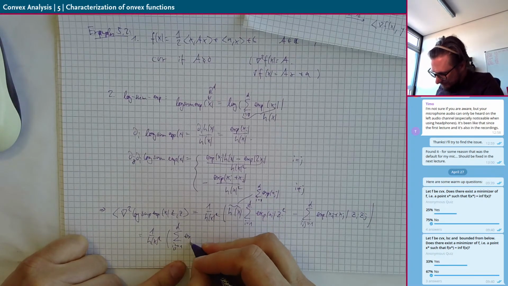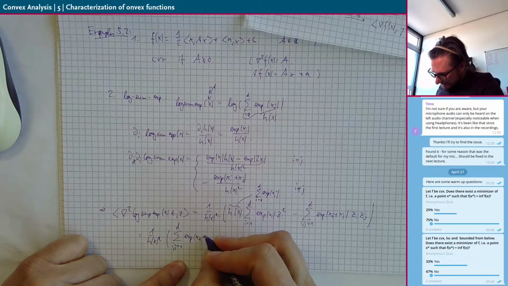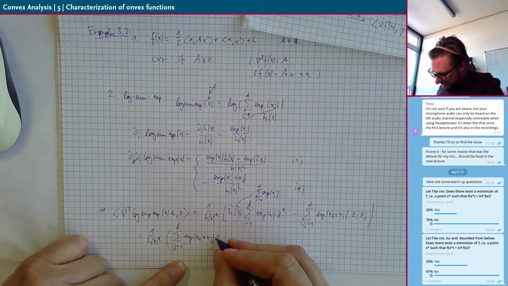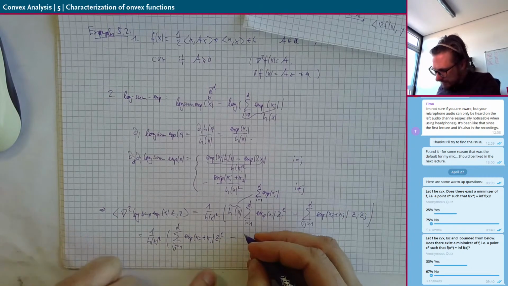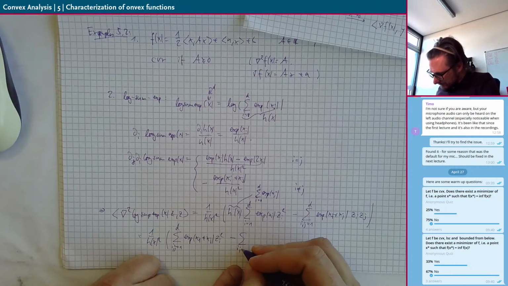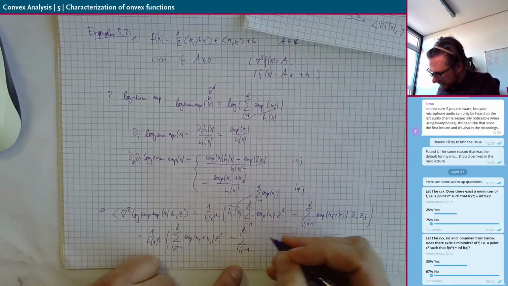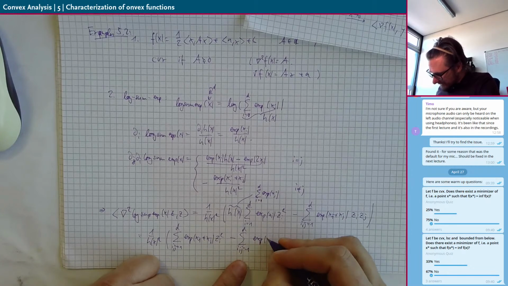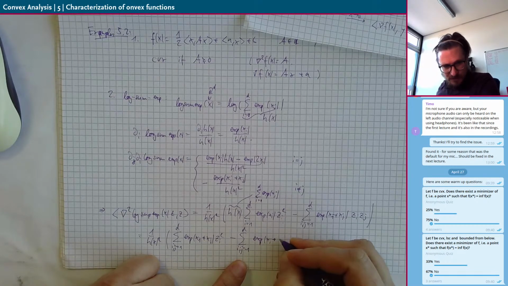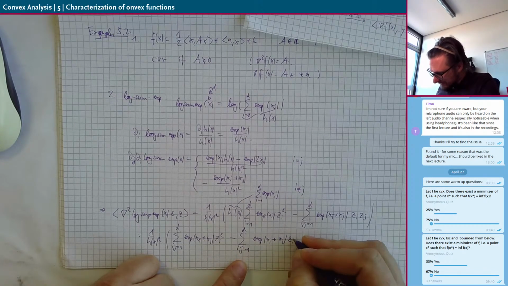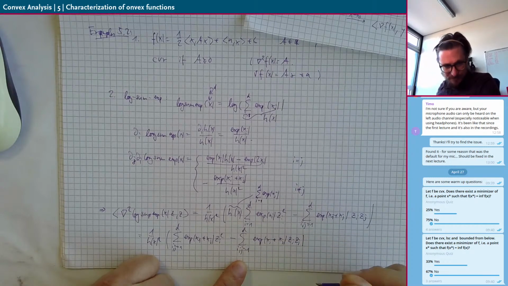So we have exp of xi plus xj times zi squared, minus the sum over i and j from 1 to d, the same thing, exp of xi plus xj times zi times zj.